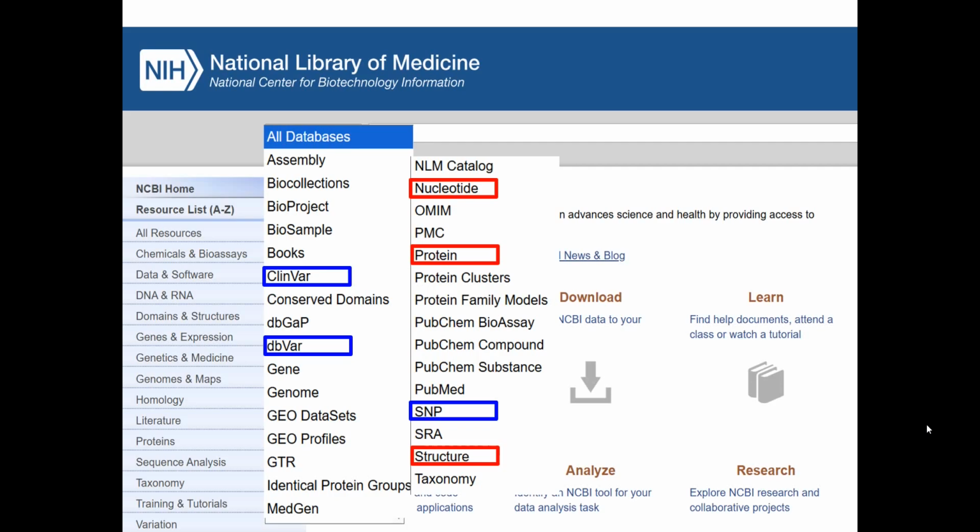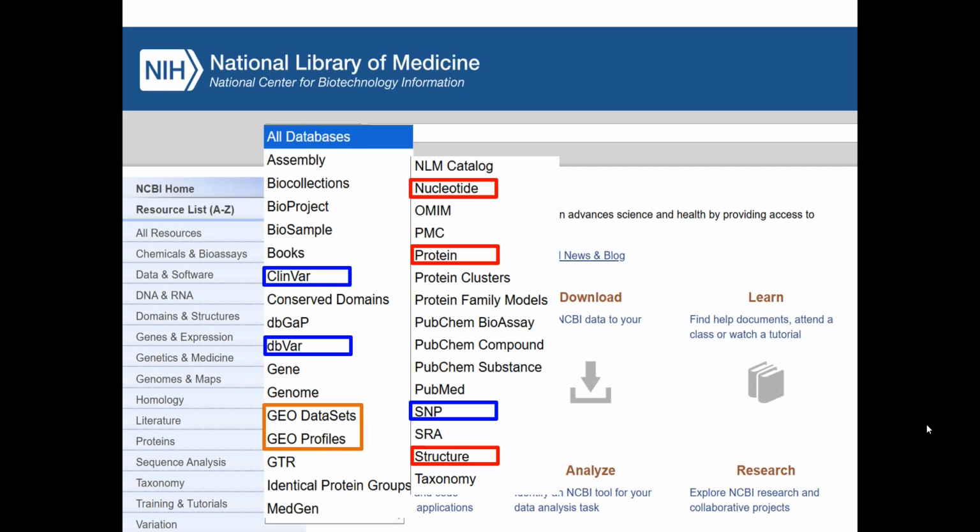Database of variation indexes bigger structural variants that are bigger than like 50 nucleotides, and ClinVar indexes information about clinically important variations. So these are three databases devoted to organizing the data about polymorphisms.